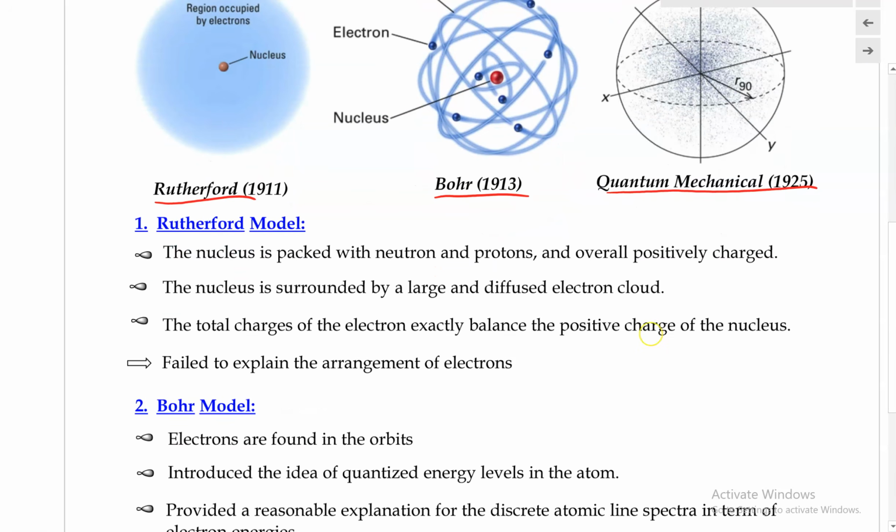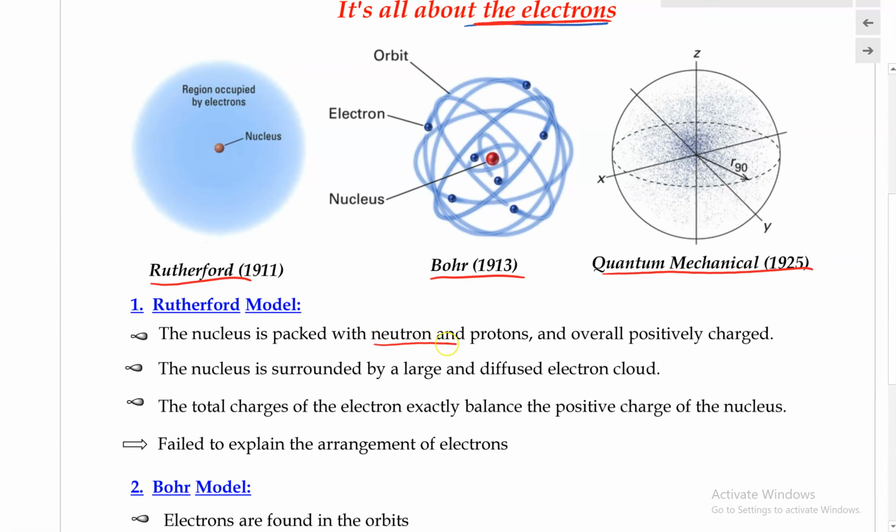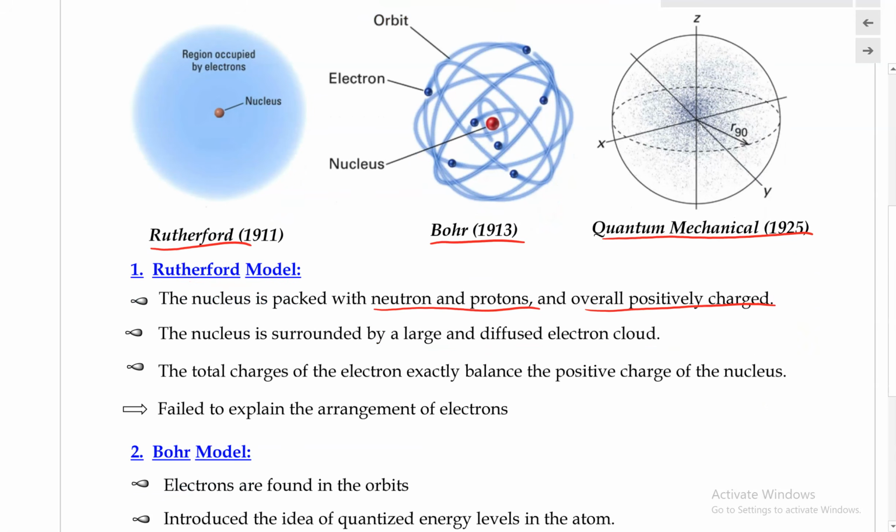Now, as we recall from the previous lecture video where I discussed the Rutherford model, in this model Rutherford basically said that the nucleus is packed with neutrons and protons, and overall the nucleus is positively charged. Outside of the nucleus is where we will find this diffuse electron cloud.